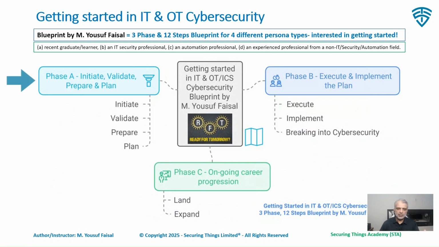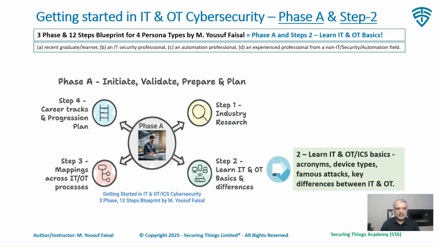Phase A, as the name implies, is all about initiating, validating, preparing, and planning your journey, doing the preliminary work before you take a leap of faith on getting started in cybersecurity. So, as highlighted, there are 4 steps in Phase A: initiate, validate, prepare, and plan.